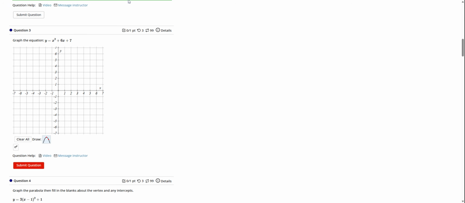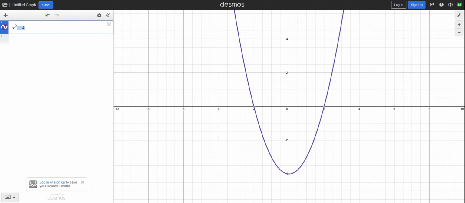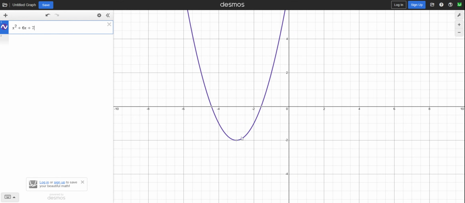So x squared plus 6x plus 7. Notice my x-intercept is an ugly number. I am not going to choose that. But -3, -2, and now -2, -1 is a point.